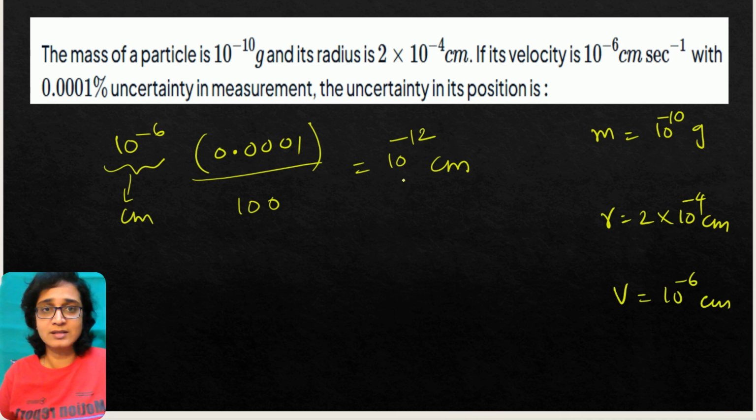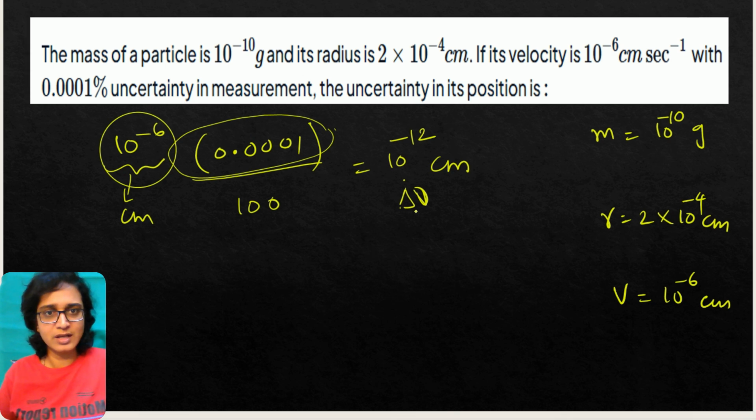Okay, this is the uncertainty in velocity. This is the exact value, and with the exact value I have multiplied with the percentage, so that I am getting the uncertainty in velocity. And they are asking uncertainty in position.